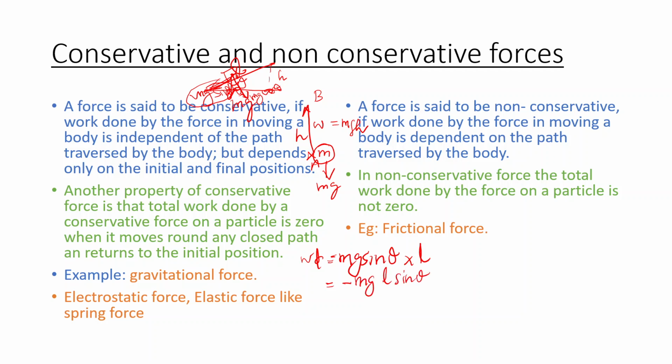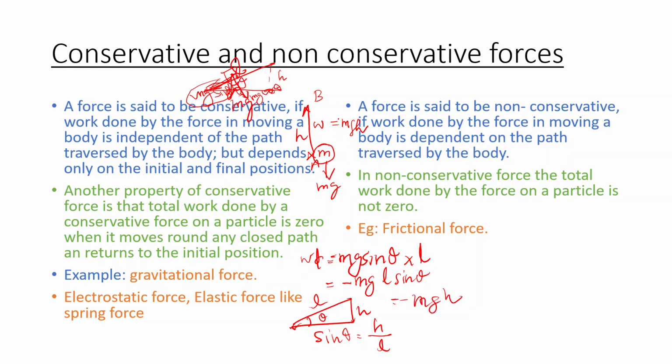Now we will see from this triangle what L sine theta is equal to. This is theta, this is h, and this is L, the hypotenuse. So what is sine theta here? Sine theta is equal to h by L. So h is nothing but L sine theta. So this is actually minus mgh.